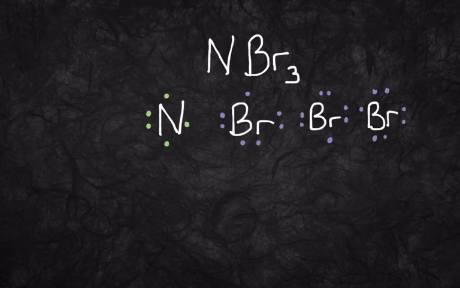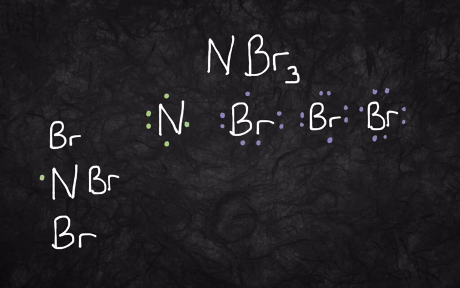Okay, so figure out the central atom. This is usually the atom with the highest valence number or the lower electronegativity. Hydrogen and those halogens, Br is a halogen, so it's never the central atom. That means that nitrogen's got to be. So I'm going to put nitrogen in the middle, and I'm going to start to put those Brs around.